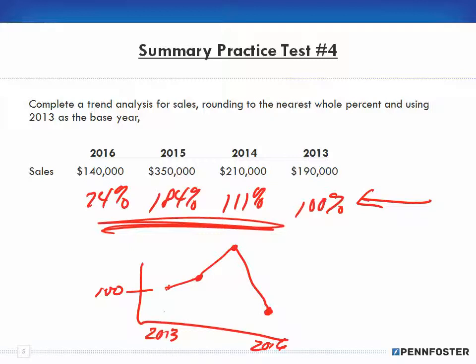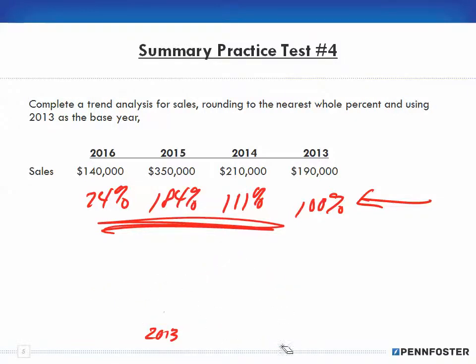We saw that our trend was going up, and for whatever reason, this past year it went down quite a lot in comparison to the year 2013. Now, obviously we were using 2013 as a basis, but if we had said 2014 is our basis, then these percentages would be slightly different.